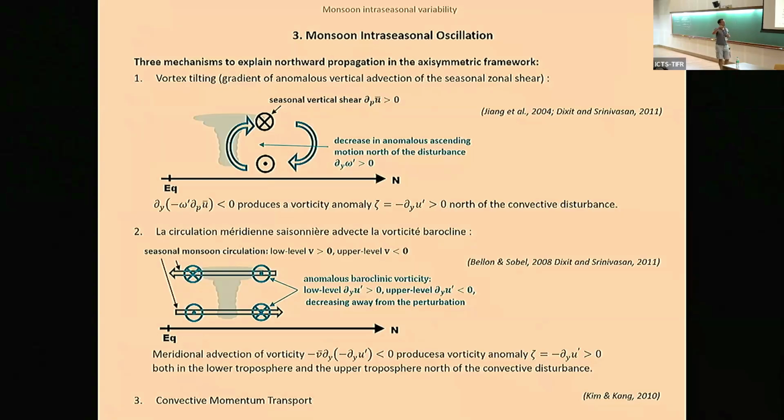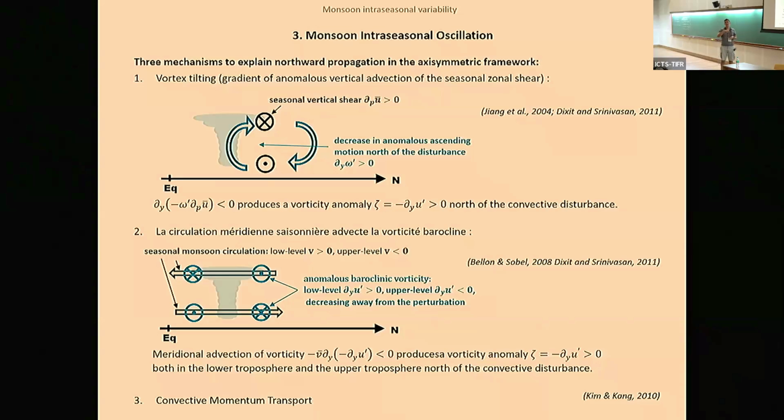Okay, so you have the maximum of vorticity at the center of convergence, or more or less near the center of convection, and then it will decrease in amplitude towards the north, but the sign is different on top and at the bottom. So when you advect those by opposite winds, it actually has the same sign, and it's going to create vorticity both at the top and the bottom north of the maximum of convergence.